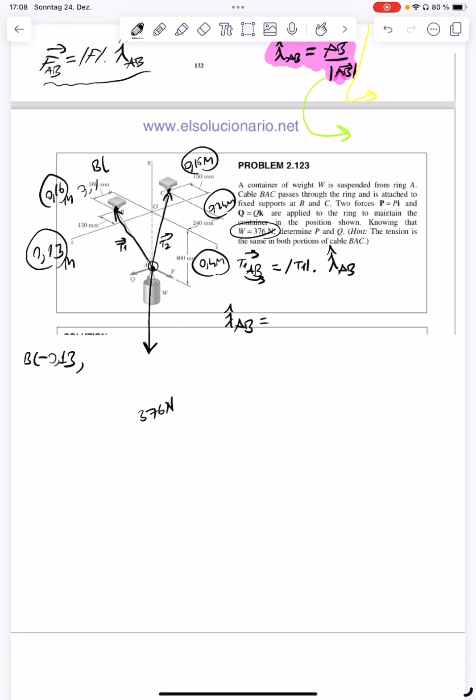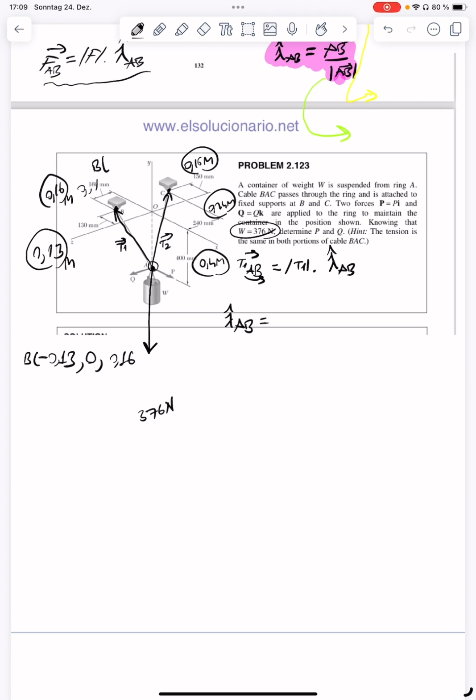Then for y it is 0, because in the vertical direction B has no distance from the origin. And on the z-axis we can see 0.16.